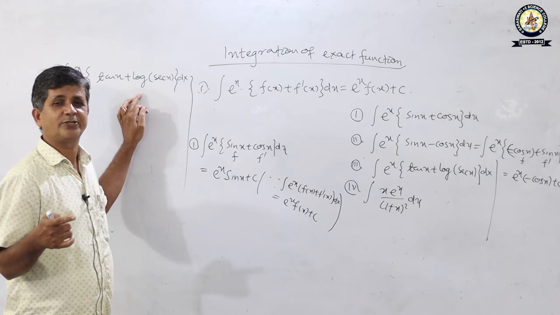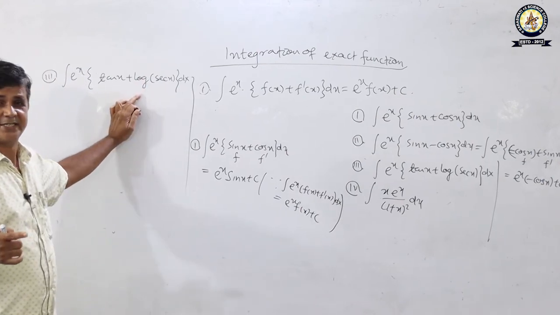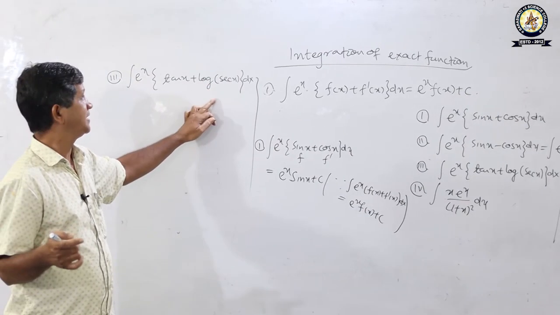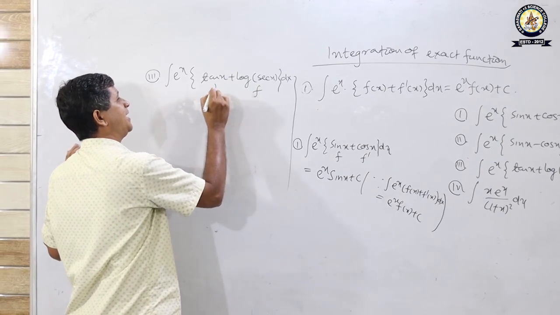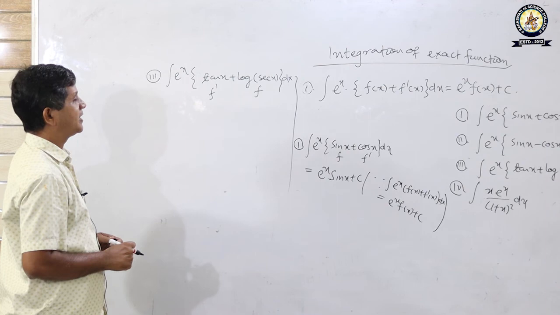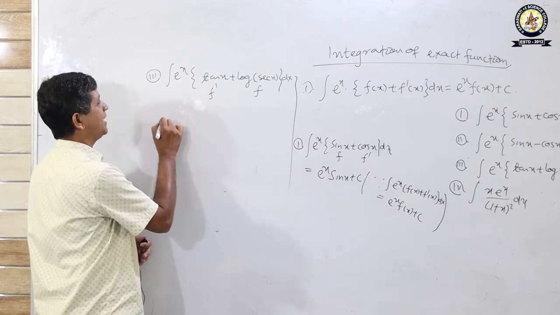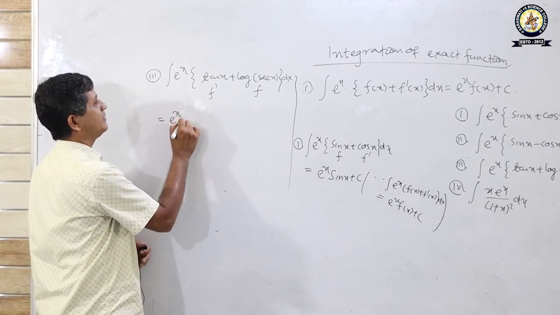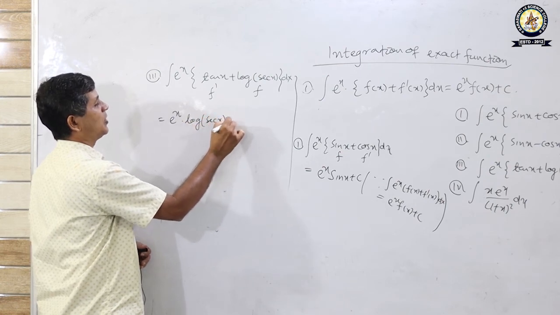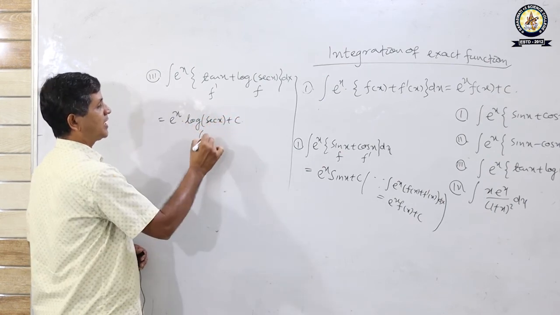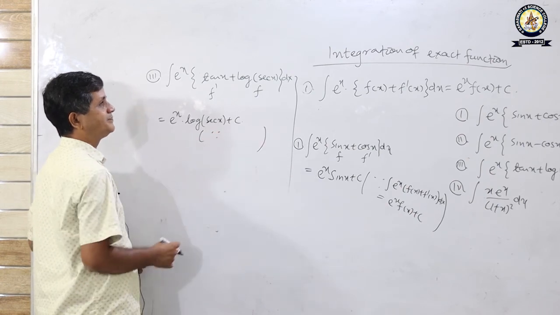It is sec x into tan x. So 1 by sec x into sec x into tan x means its derivative is tan x. So log sec x will be taken as f and tan x will be taken as f dash. So finally it will be written as e to the power x into log of sec x plus c. You must write the formula on the side.